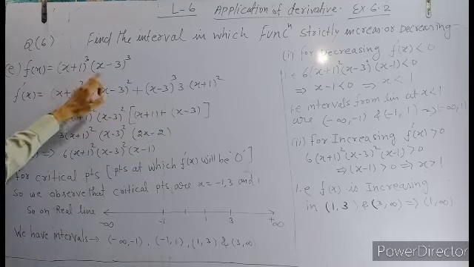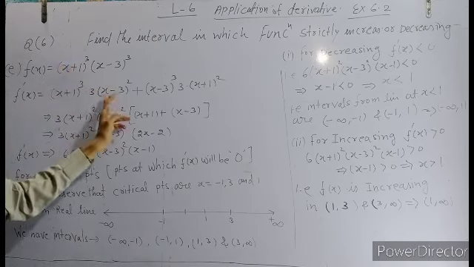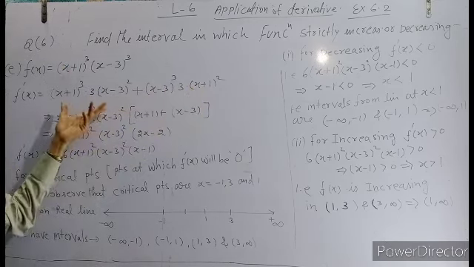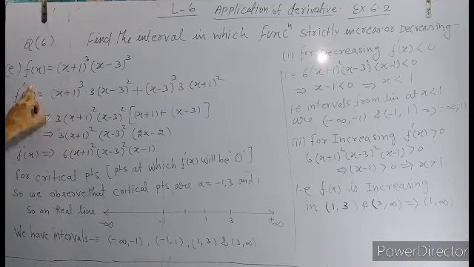Take the first function as u and the second as v. The rule is: first as it is times derivative of the second, plus second as it is times derivative of the first. That gives the first derivative.